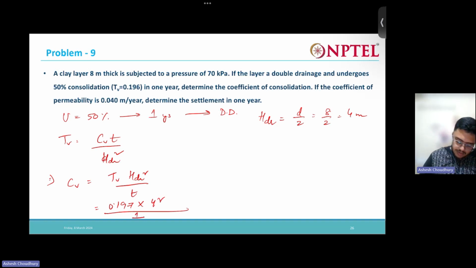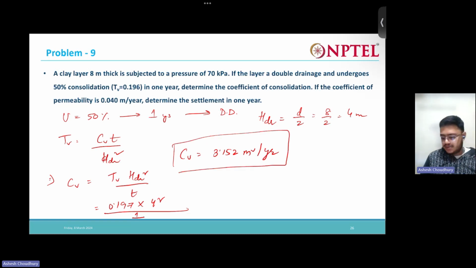So CV will be, okay. Easily we calculated CV. Now if the coefficient of permeability is given, you need to determine the settlement. Okay, settlement in 1 year. So in 1 year we know this 50% settlement is occurring. So remember this. We'll use this. In 1 year 50% settlement is occurring.